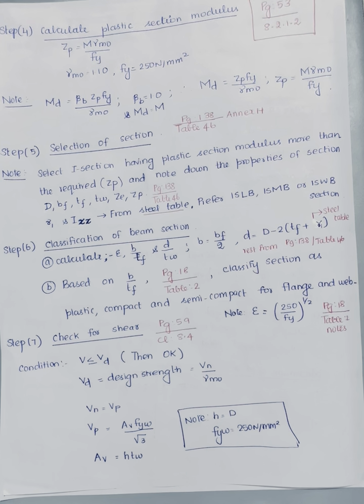What is AV? AV is equal to area, H into TW. Note here H would be the total depth D, and Fyw will be 250 Newton per mm square. This is totally available in page number 59 of clause 8.4.